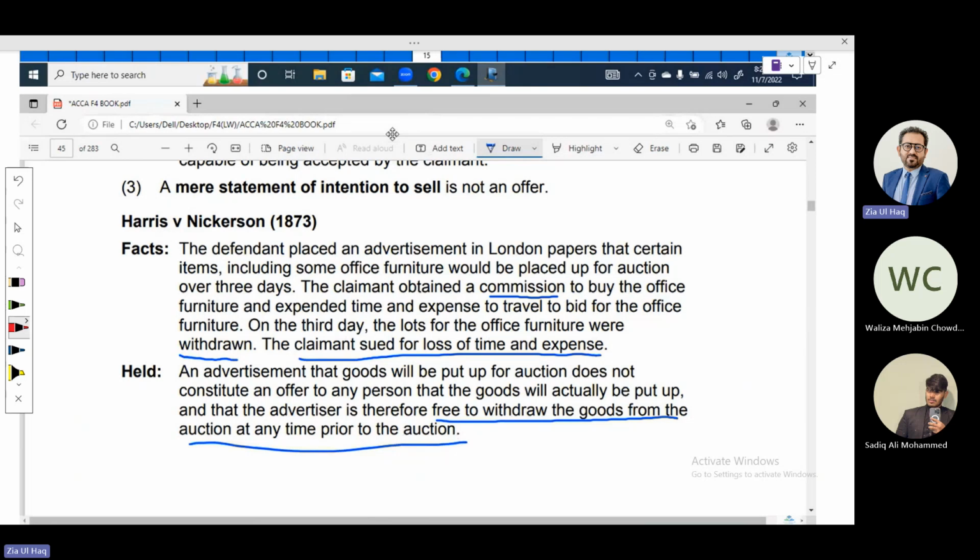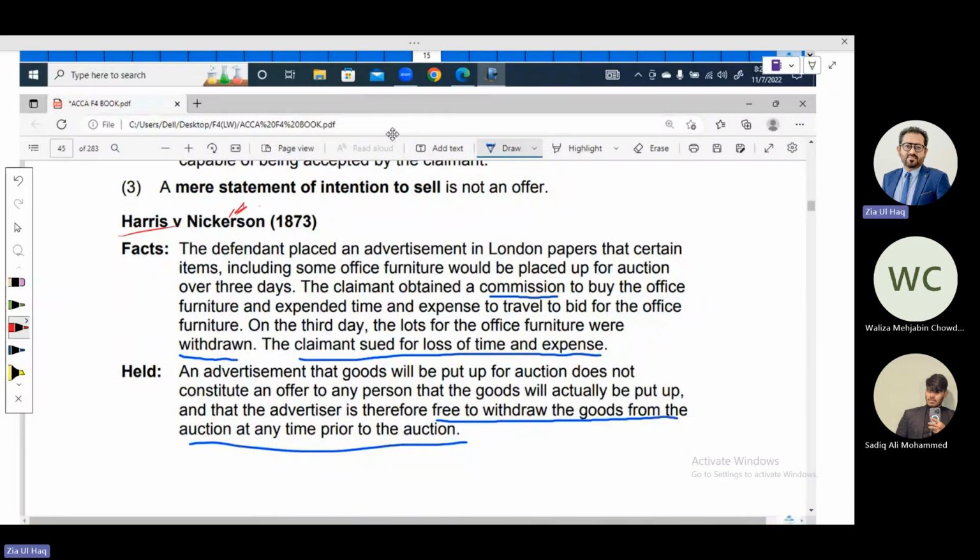The claimant obtained a commission to buy the office furniture and expended time and expense to travel to bid for it. I mean, the person Harris arranged for the furniture and he wanted to buy it, and he traveled from another city to attend the auction. And on the third day, the lots of the furniture were withdrawn. Nickerson, who advertised that his furniture is for auction, withdrew it on the third day.